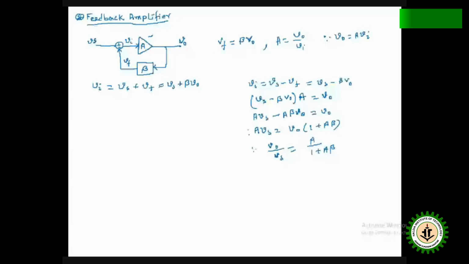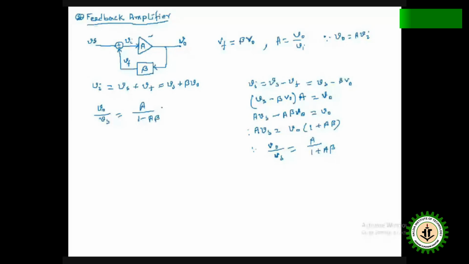Whereas in this case V0 by Vs is equal to A by 1 minus A beta.